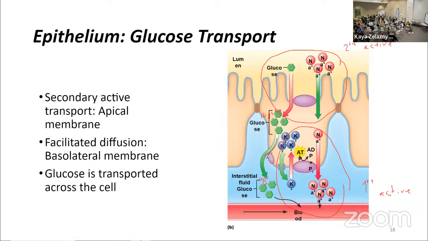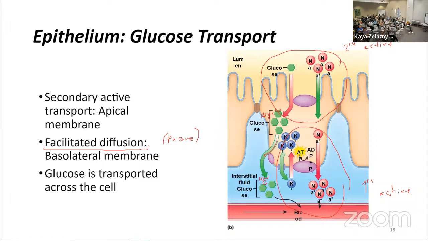So this is the favorable direction, but we need a protein to do it. So that's why it's facilitated diffusion, which was one of our passive transport types. And then that movement of potassium through that channel would be our ion channel diffusion form of passive transport as well.